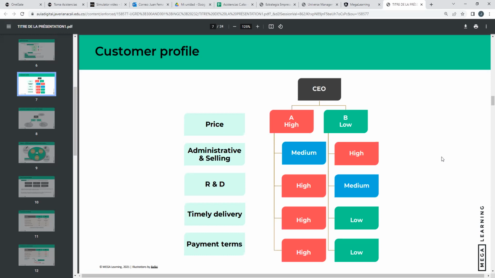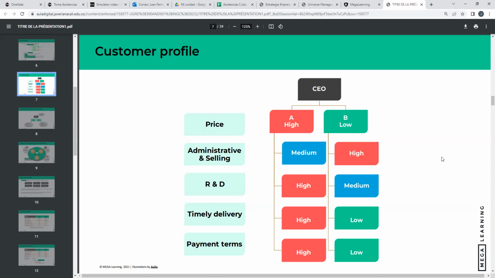So remember that more than price, this is the price elasticity of demand. If you charge a higher price, you are going to have lower quantities demanded, and vice versa. If you charge a lower price, you are going to have higher quantities demanded. But this elasticity is going to have a higher impact for A, and for B, the impact is going to be lower.